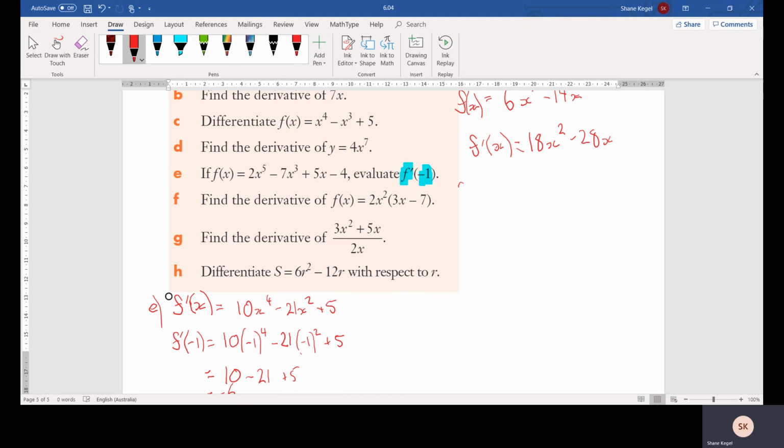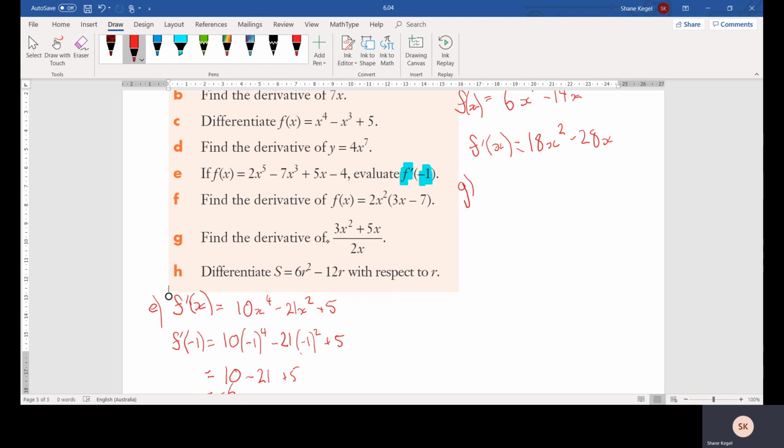Looking at question G now. So I'm given a fraction here. So first, I'm going to need to simplify this fraction. So I'm going to split it into 2 fractions.